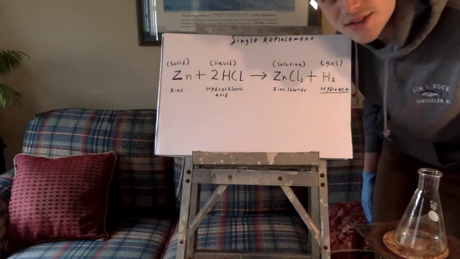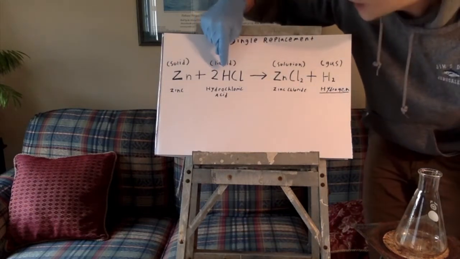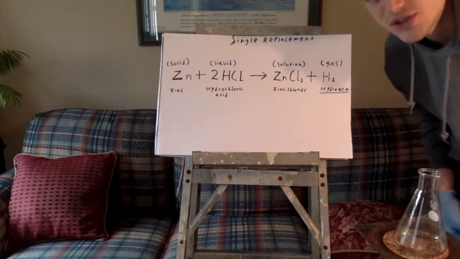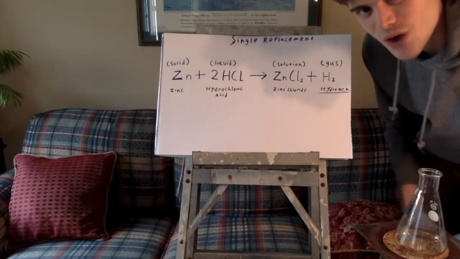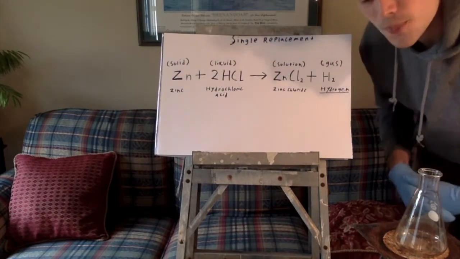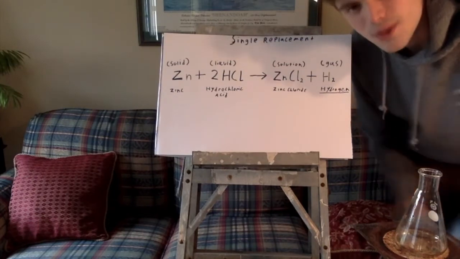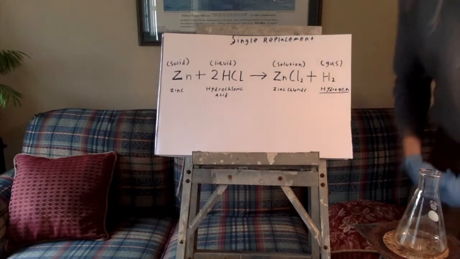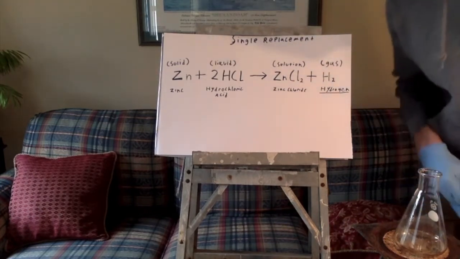Zn is the chemical symbol for zinc. And hydrochloric acid, which is 2HCl. The H is, of course, the hydrogen that we're trying to isolate. The Cl is chlorine. We're all familiar with chlorine as an element. It's something that we use in our pools to clean water or to sterilize water.